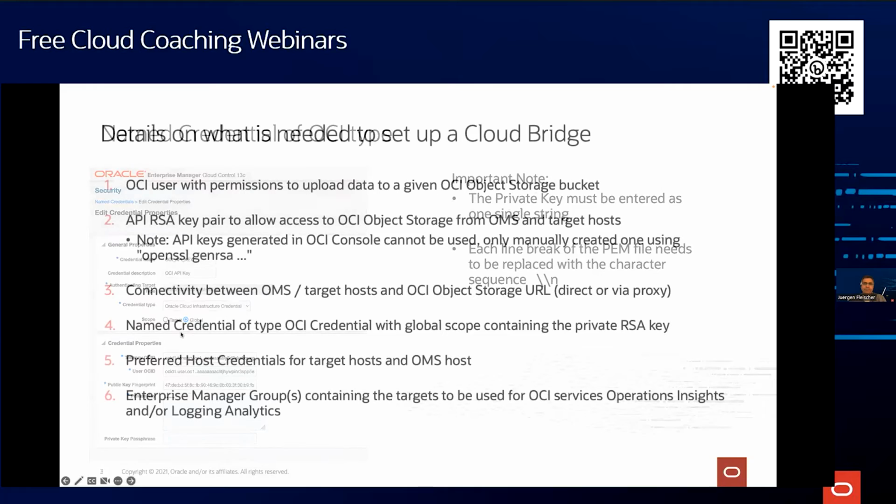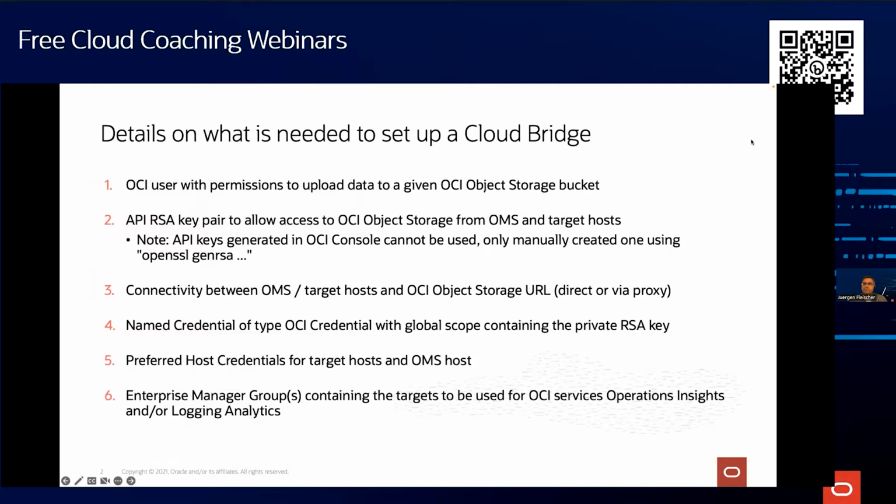Oops. So here are the steps which I will walk through, and some prerequisites for this. We need an OCI user, and usually this should not be a real user. You should create a user like OEM, and if it's a development instance or a production instance, the name should be clear that it's the Enterprise Manager.